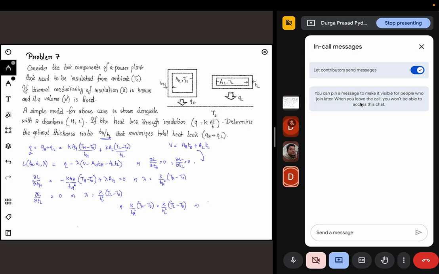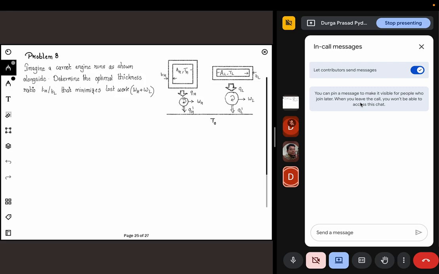So from this you can directly get T_H by T_L. Is that clear? Okay. But now from a practical point of view, let's go to the next problem.